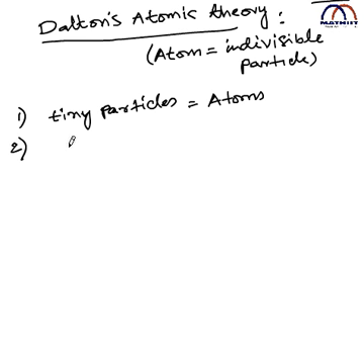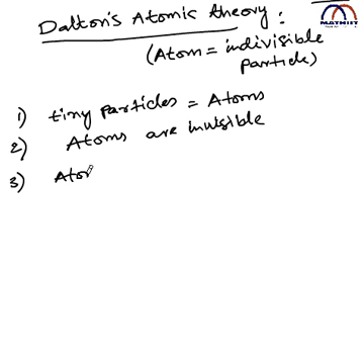Number two, atoms are indivisible. As I've already told you, according to him, atoms are indivisible. We cannot divide the atom according to Dalton's atomic theory. Atoms present in an element.